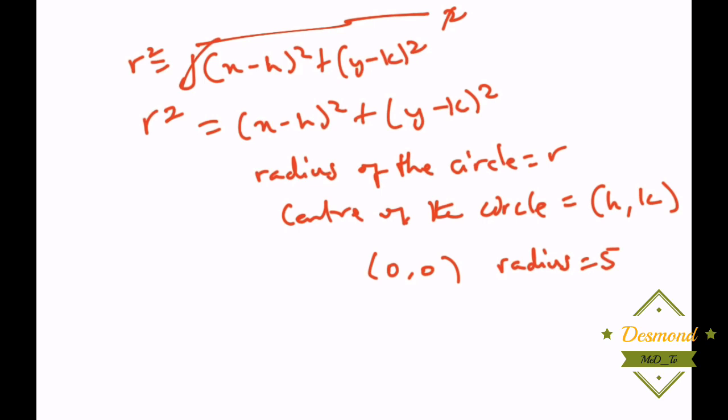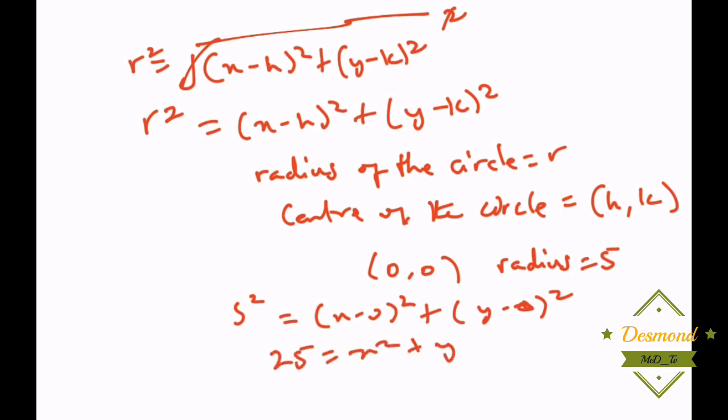So we have 5 squared equal to X minus 0 all squared plus Y minus 0 all squared. When we simplify, we get 25 equal to X squared plus Y squared. And this is our final answer.